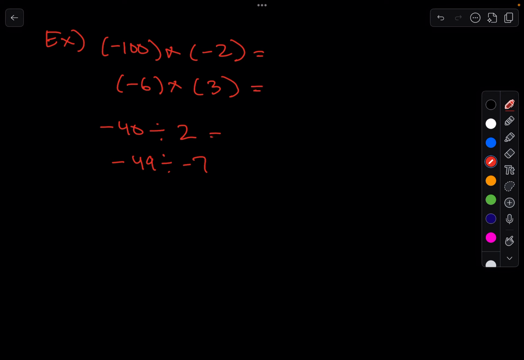If you want to work these out for yourself to test the knowledge you just learned, you can do it right now. Okay, now that we're back, let's solve.